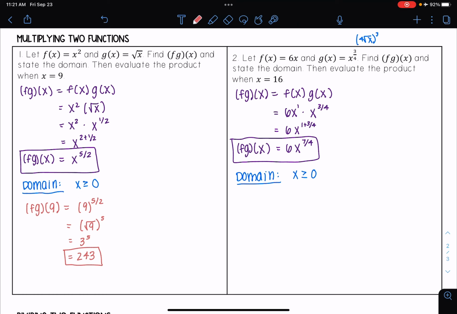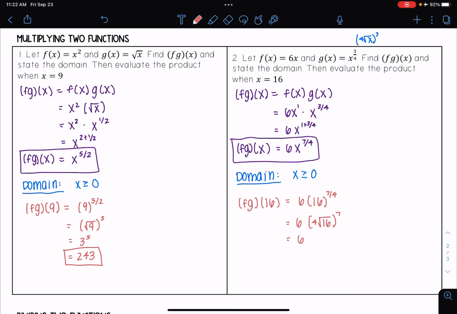And then now lastly, we're going to go ahead and find fg of 16. And so plugging in 16 for x, I get 6 times 16 raised to the 7/4 power. I can rewrite that 7/4 to be 6 times the 4th root of 16 raised to the 7th power.